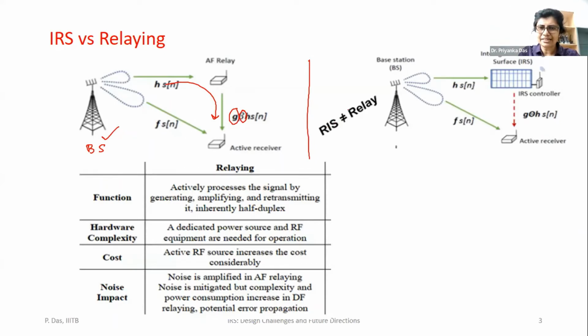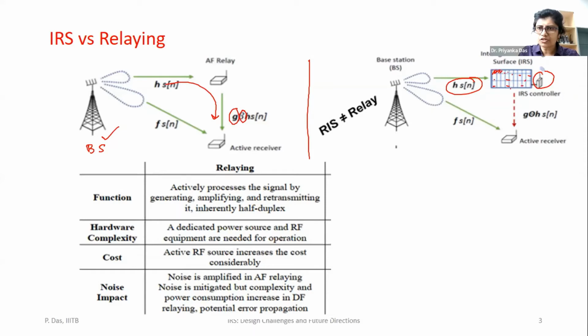But see what's the key feature in contrast to relaying here. It is like a reflector. It will not amplify. It has incoming signal H into Sn, and it has a lot of elements, these square boxes, and there will be a controller which is here. It will give the command, now you change your reflecting coefficients to this. That is the controller's job.